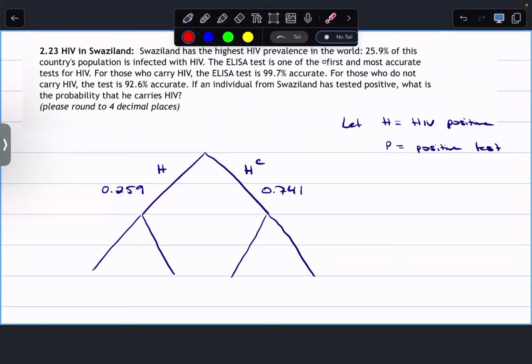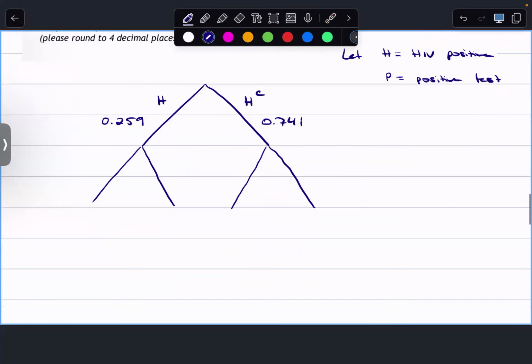If you have HIV, so conditional on having HIV, then the test is 99.7% accurate. Now, accurate would be a positive test. So here I'm going to do my branches P and not P, and then P and not P again.